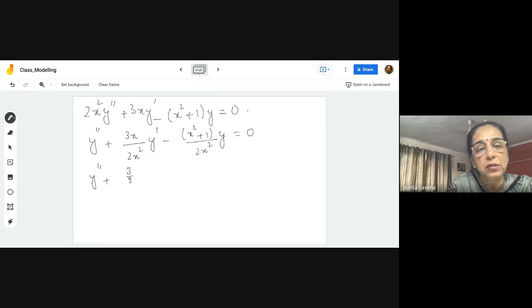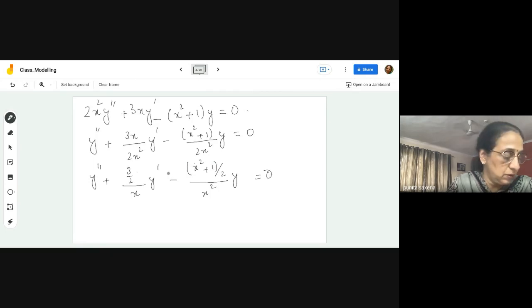It's going to be 3 by 2 upon x y dash, minus x squared plus 1 by 2x squared y equal to 0, because I have to compare it with the standard equation.